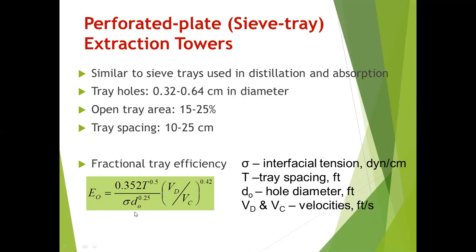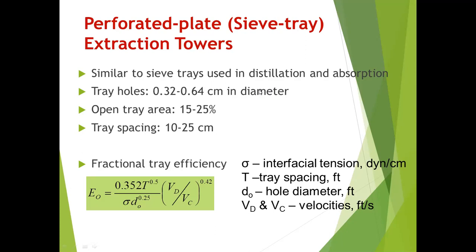So don't make the mistake of converting the interfacial tension that you see here in dyne per centimeter to pound mass per hour squared, because the rest of the parameters here have English units. Okay, so when you solve for the fractional tray efficiency of a sieve tray or a perforated plate tower, take note, very important, set units for the parameters.